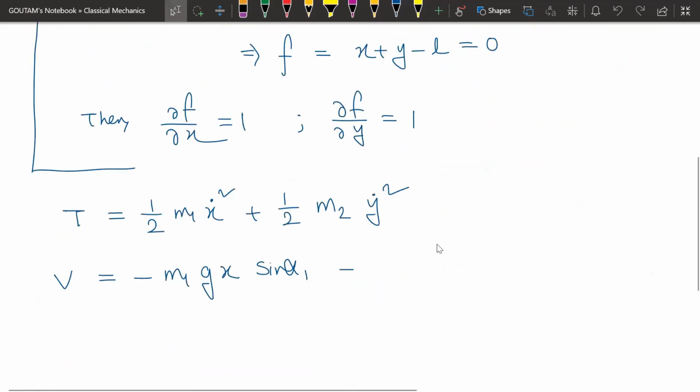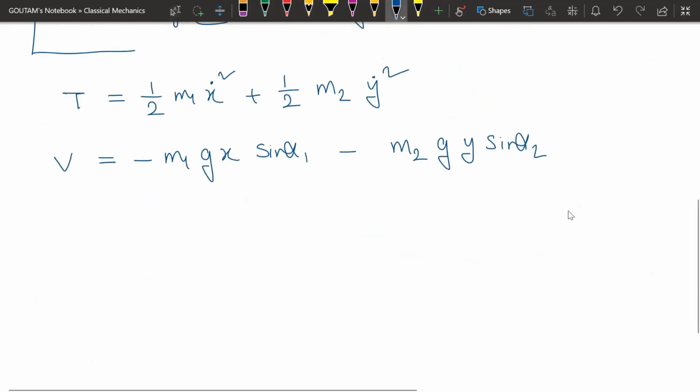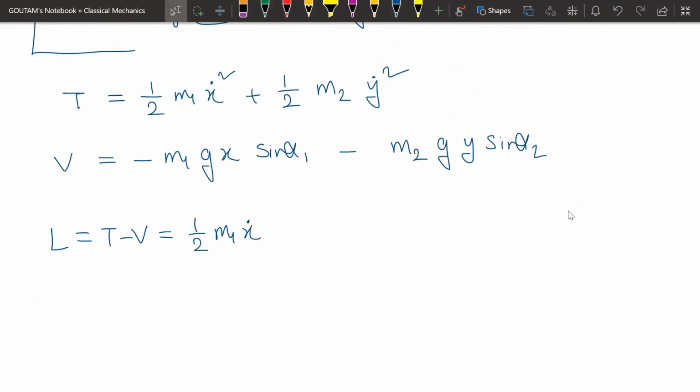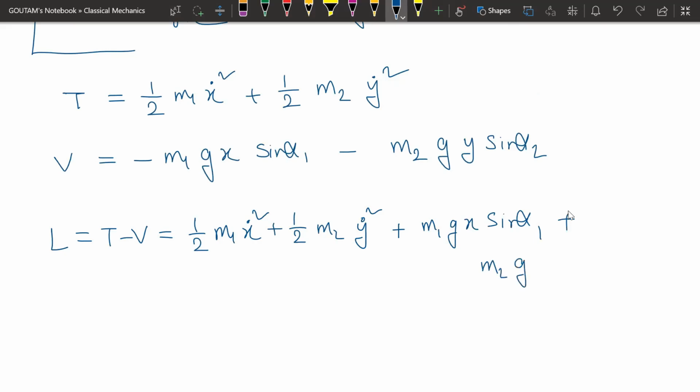And for the second object, it will decrease by m2 g y sine alpha 2. In that case, our Lagrangian will be T minus V, which is half m1 x dot square plus half m2 y dot square plus m1 g x sine alpha 1 plus m2 g y sine alpha 2.